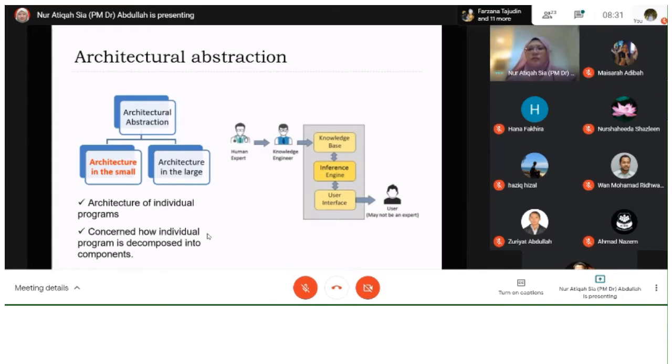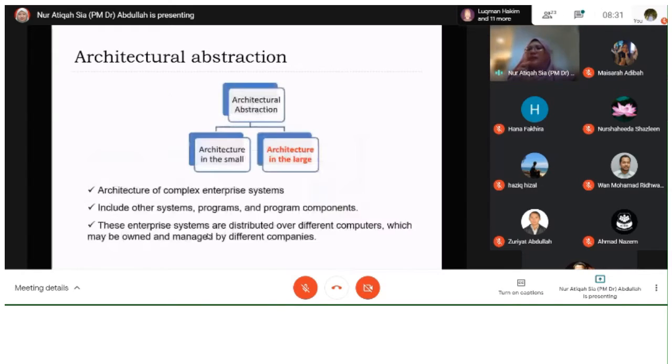Okay. So this slide is going to say that we have an architecture, but this is on a very small scale, involving only a very simple system. However, we have another type, which we call architecture in the large, meaning a very complex enterprise system. For example, an e-commerce system.